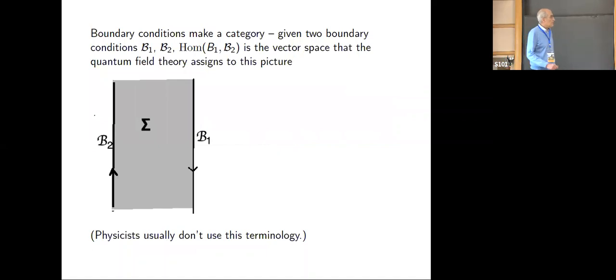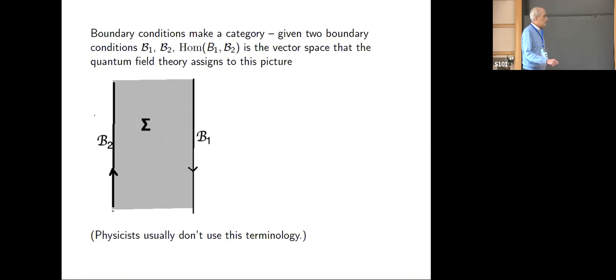The reason boundary conditions make a category is that given 2 boundary conditions, B1 and B2, well, in a category, we should have Hom from B1 to B2, which will be a vector space. In this context, it's the vector space of physical states that quantum field theory assigns to this picture. In other words, if I'm given 2 boundary conditions, I can draw a strip with the boundaries labeled by B2 and B1.